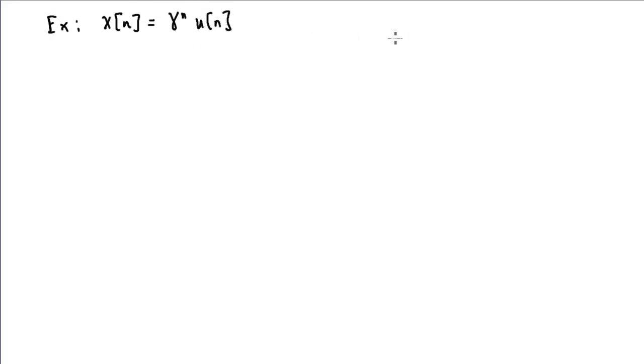So what this would look like: at n equal to 0, gamma to the 0 power would be 1, and then at n equal to 1 we would have a height of gamma. So I'll draw this assuming gamma is less than 1.